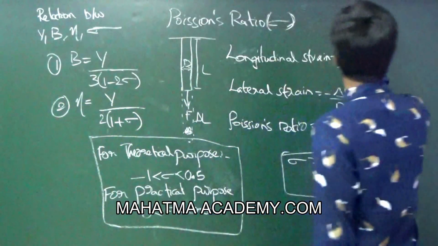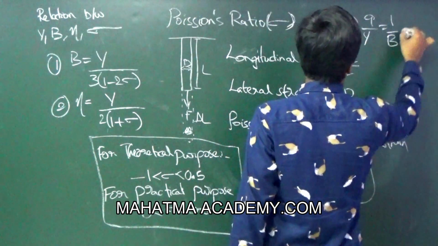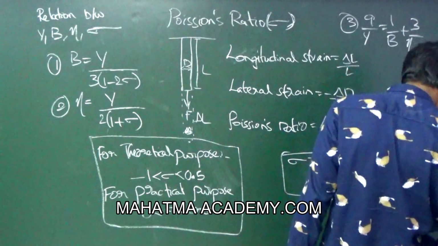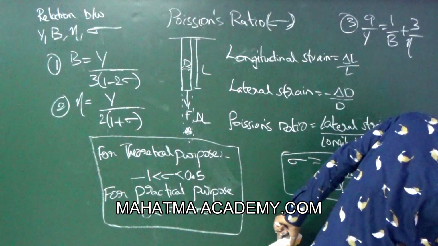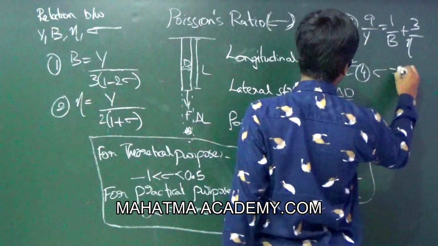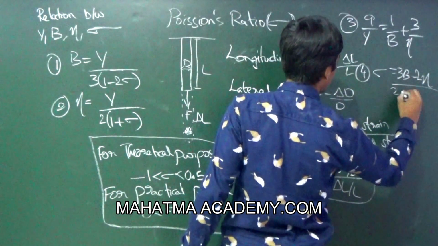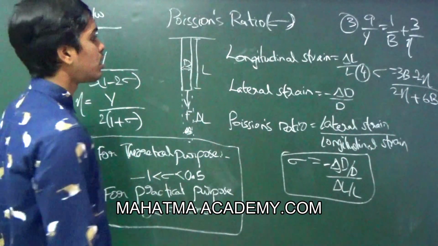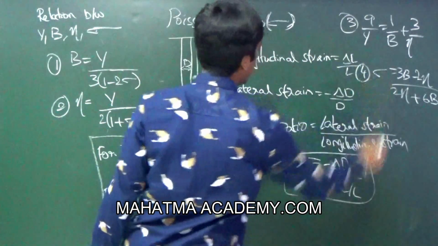The third relation is 9 by y is equal to 1 by b plus 3 by eta. Okay, and the fourth is sigma is equal to 3b minus 2 eta upon 2 eta plus 6b. These are the four formulas: first, second, third and fourth.